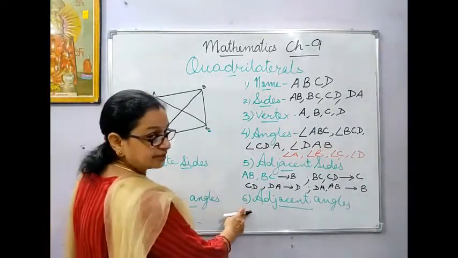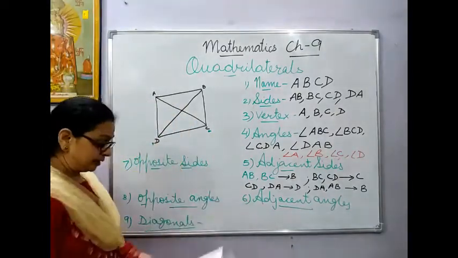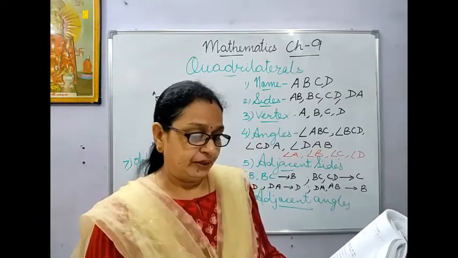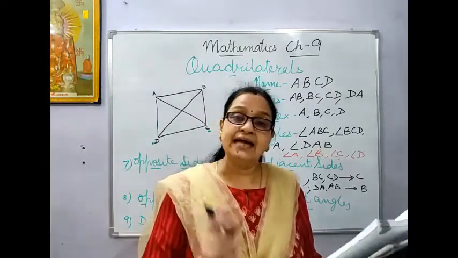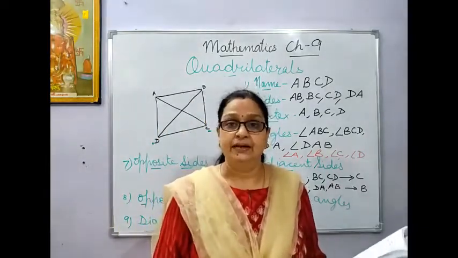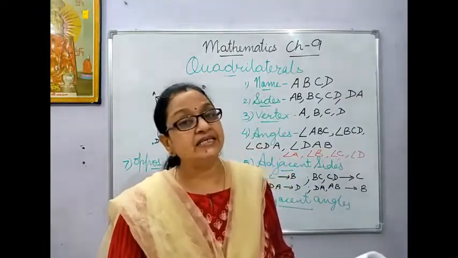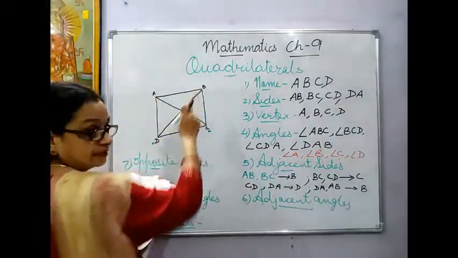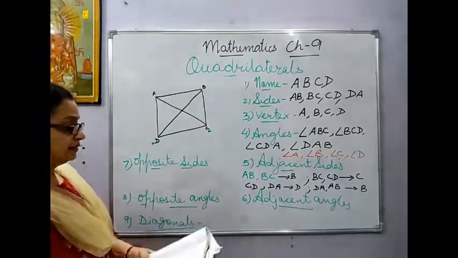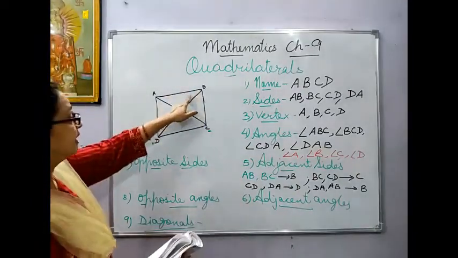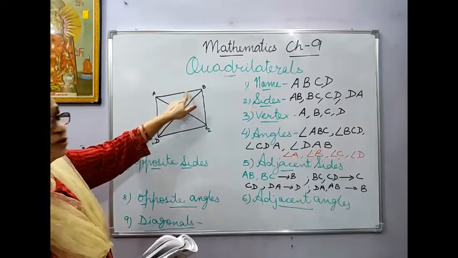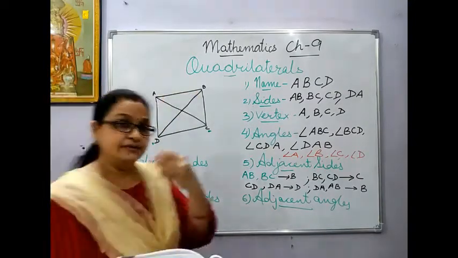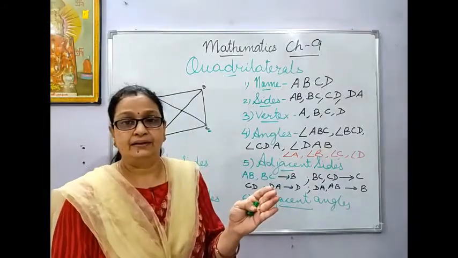Now comes adjacent angles. We will finish with adjacent sides. Two angles that have a common side are called adjacent angles. See children, these are two angles, angle A and angle B, and they have a common side. So such angles are called adjacent angles, which means very close.